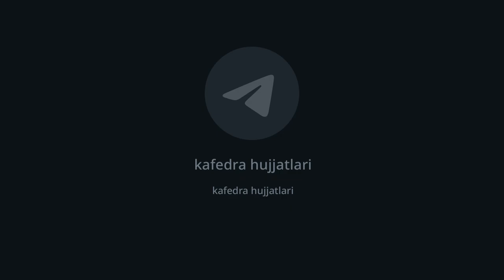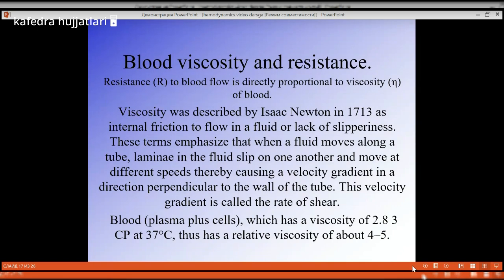Blood viscosity and resistance. Resistance to blood flow is directly proportional to the viscosity of the blood. Viscosity was described by Isaac Newton in 1713 as internal friction to flow in a fluid, or lack of slipperiness. These terms emphasize that when a fluid moves along the tube, laminae in the fluid slip on one another and move at different speeds, thereby causing a velocity gradient in a direction perpendicular to the wall of the tube.